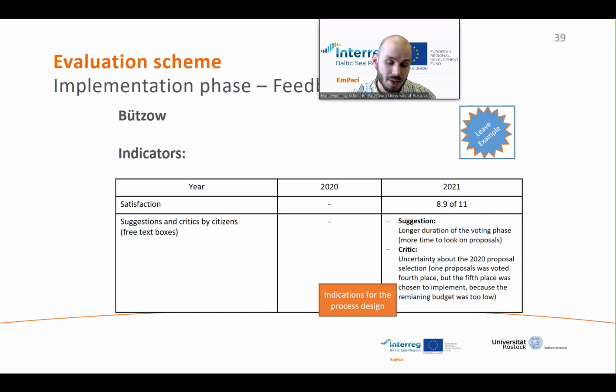Maybe increase the voting phase and really emphasize the information on how the process is done in terms of proposal selection, if the budget is not enough to implement a project from the ranking, and step to the next one that is in the remaining budget, so to say.